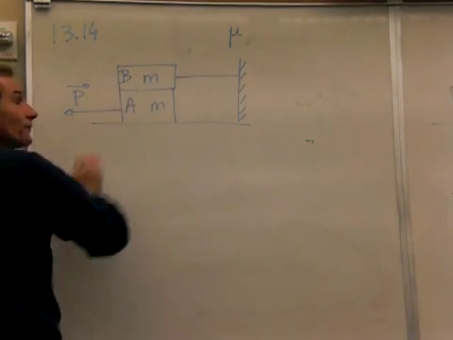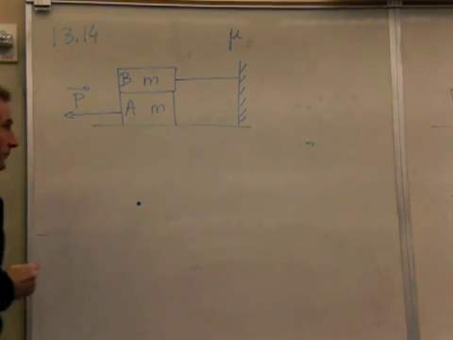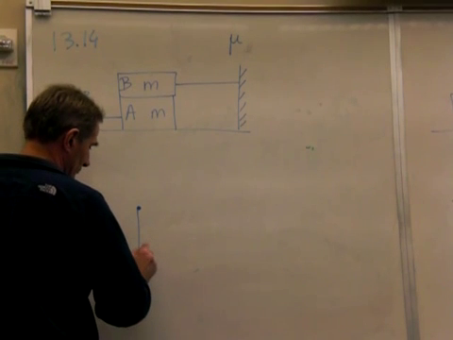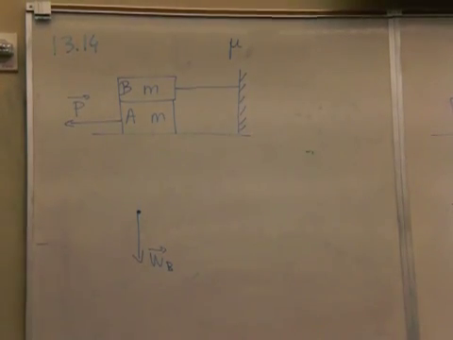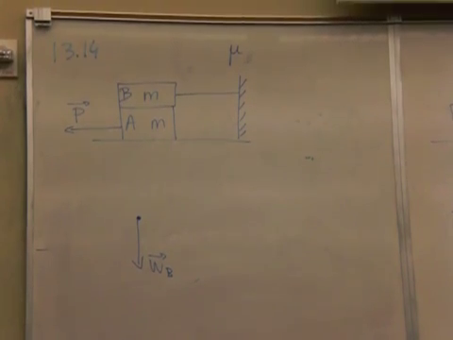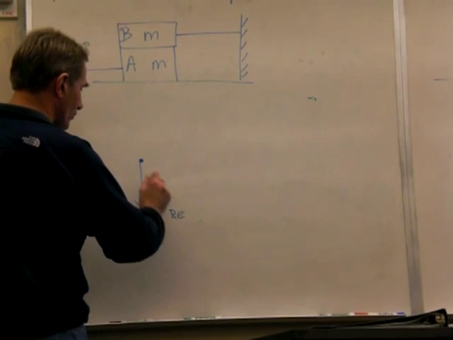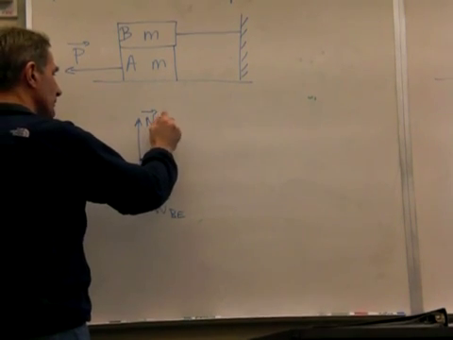Let's draw the free body diagram for B. I'm going to do the weight. What else do you have? The normal force. The labeling here maybe is important. So here it's the weight of B by the Earth. Then you have the normal force acting on B by what?